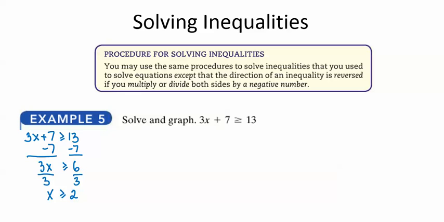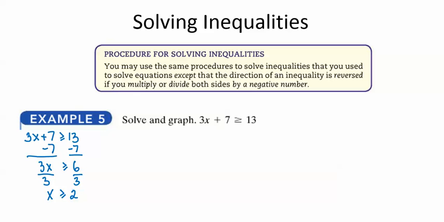So when we substitute a value and get a true statement, that value is called a solution to the inequality. And remember, because we want any number that's greater than or equal to 2, there are an infinite number of possible solutions. There are also an infinite number of not possible solutions.